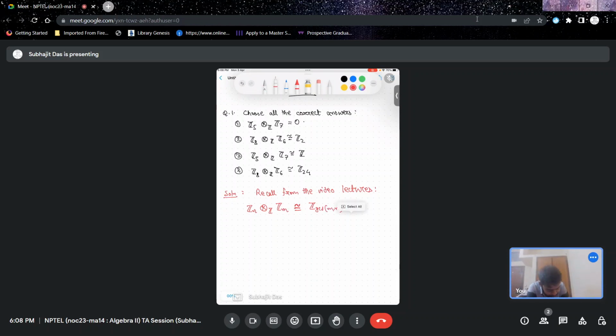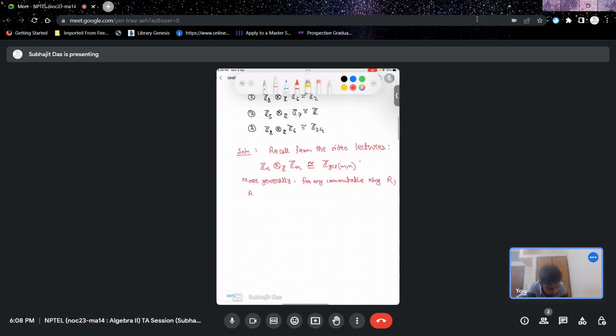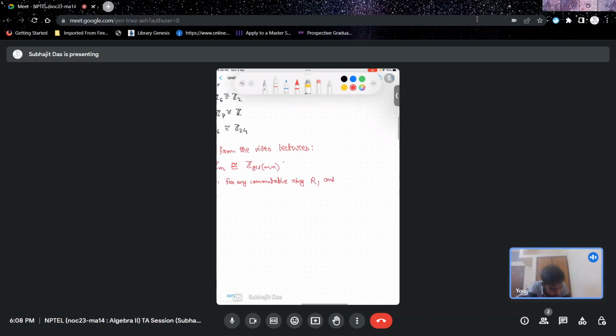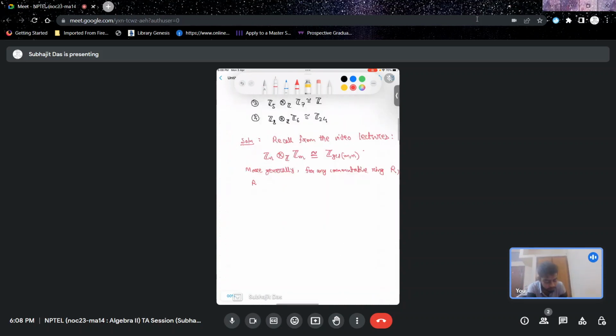More generally, this is something we will be proving soon. For any commutative ring R and ideals I, J in R, we can take the quotient R mod I, since R is an R module and I is an R submodule of R, so the quotient is also an R module.